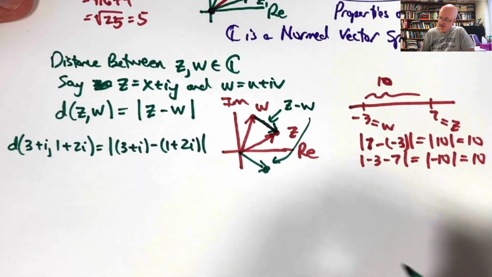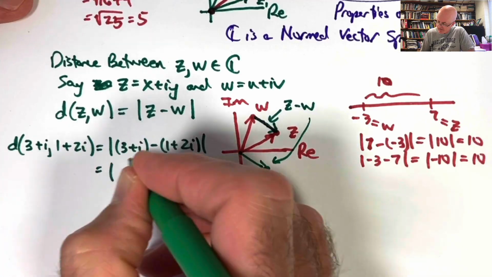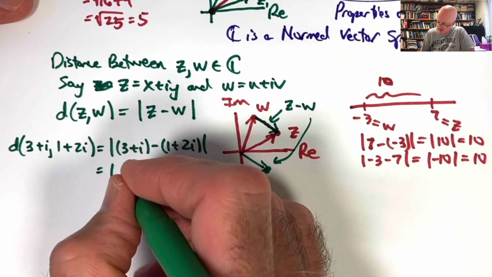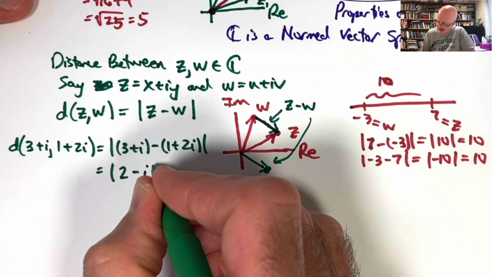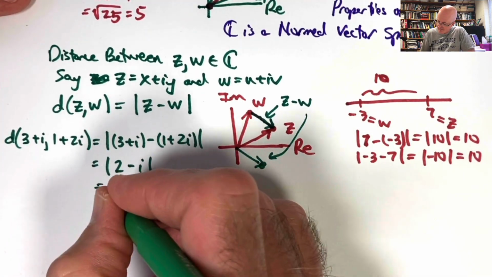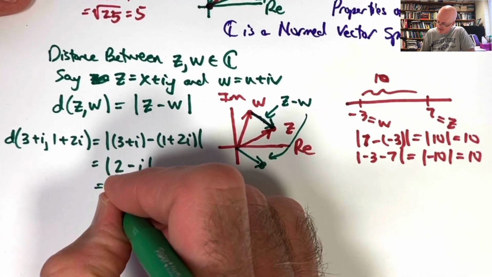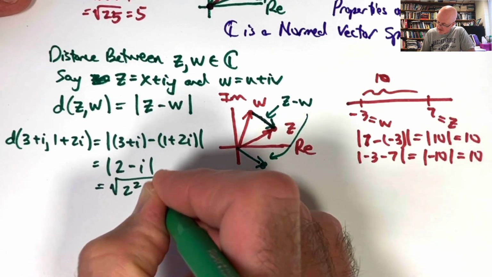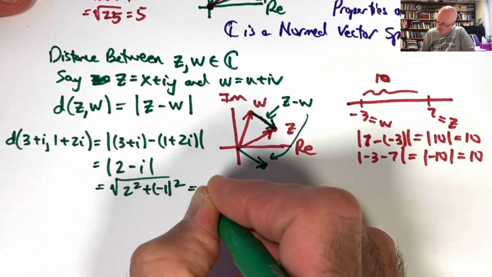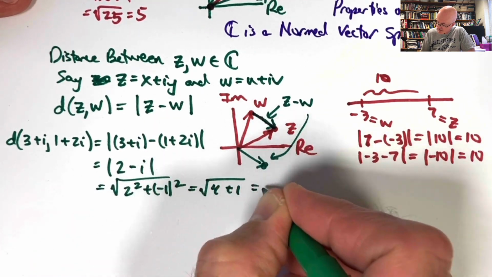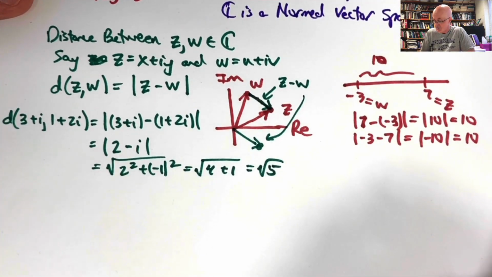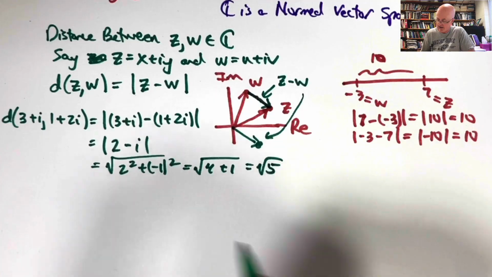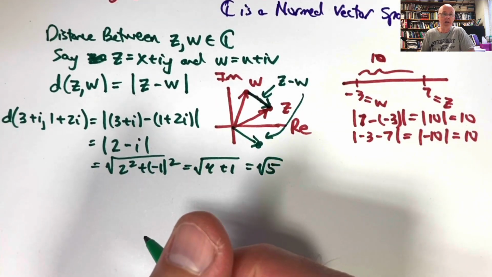To go ahead and compute this, go ahead and do the subtraction. Subtract the real parts, 3 minus 1 is 2. Subtract the imaginary parts, i minus 2i is negative i. We get the modulus of 2 minus i. That'll be the square root of 2 squared plus negative 1 squared. Square root of 4 plus 1, square root of 5. 5 is not a perfect square, so that is an irrational answer, but it is the distance between these two points in the complex plane.